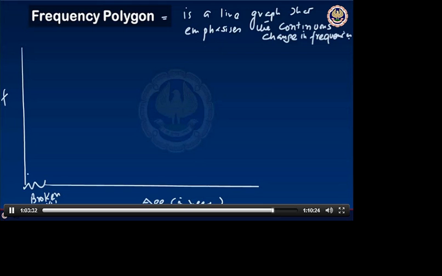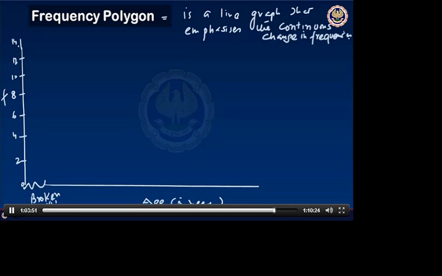Here we are going to make 0, 2, like we did for a histogram. This is 6, this is 8, this is 10, this is 12, and this will be 14.